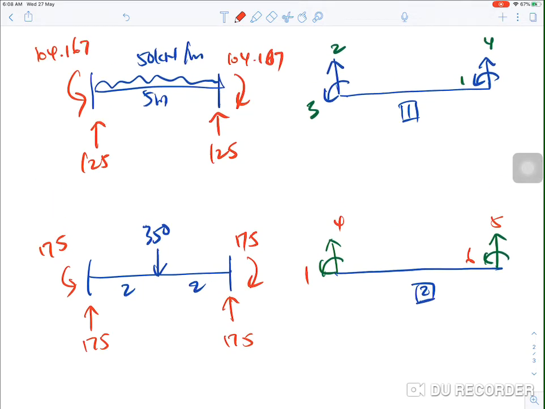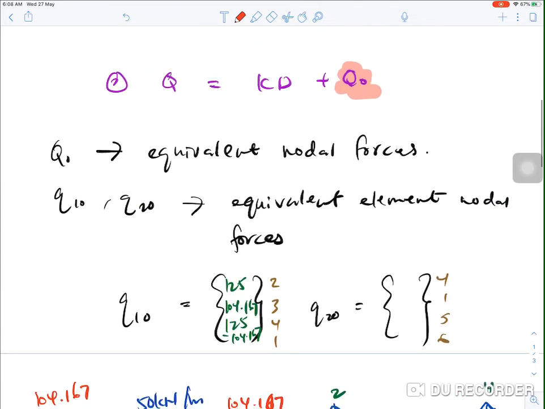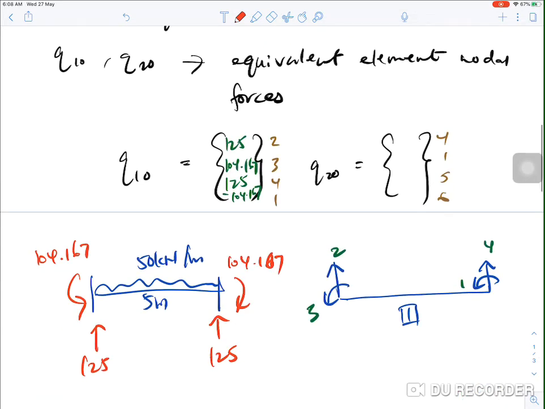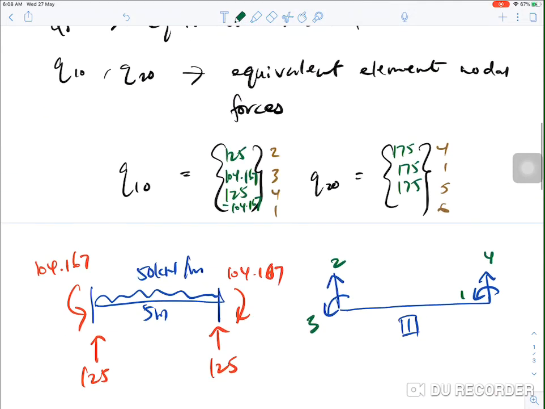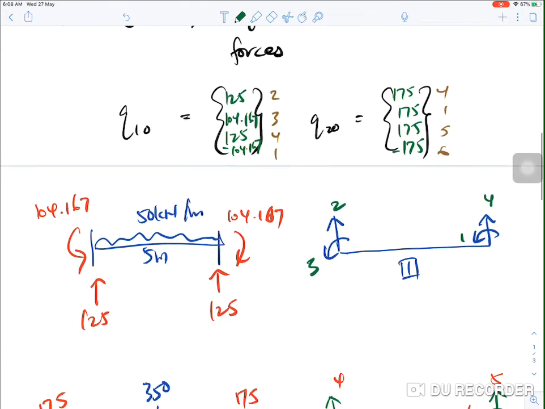So we need to compare. For position number 4, it is okay. All values have the same 175. So it is 175, 175, 175. And for 6, it is opposite, so it is negative 175.